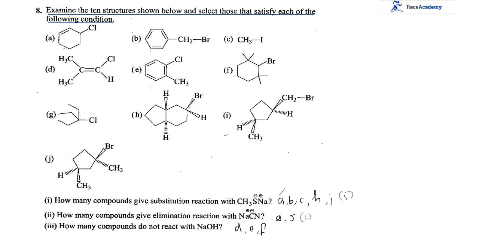We take F, there also, as we said earlier, whenever the carbons adjacent to the halogen-attached carbon have alkyl groups, that halogen is also not said to undergo any kind of substitution reaction. So sodium hydroxide cannot react with these compounds D, E, F. A total of 3 compounds are not reacting with sodium hydroxide.